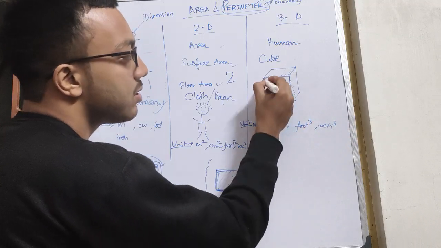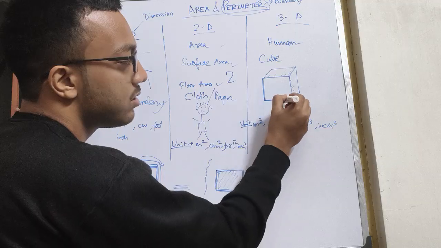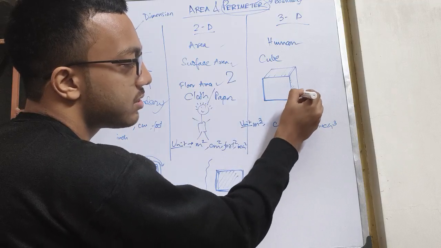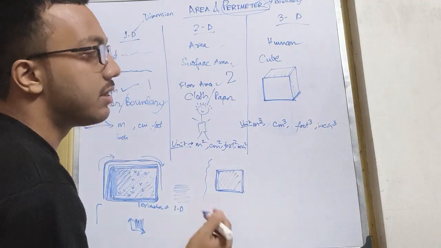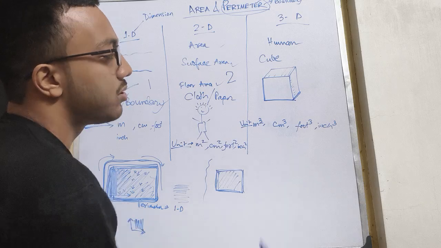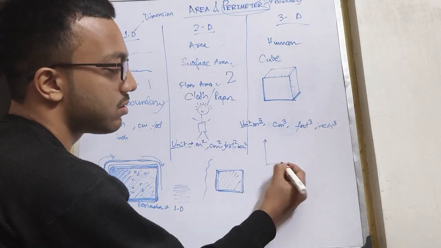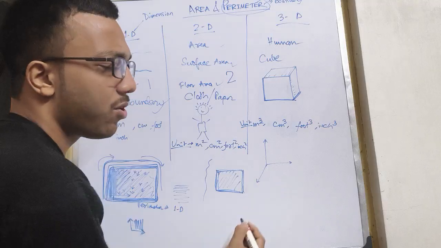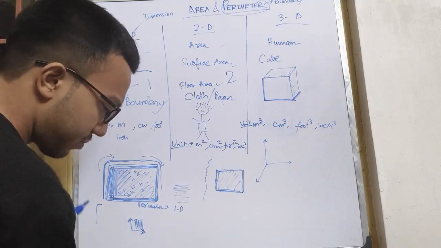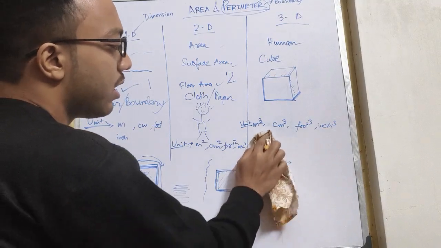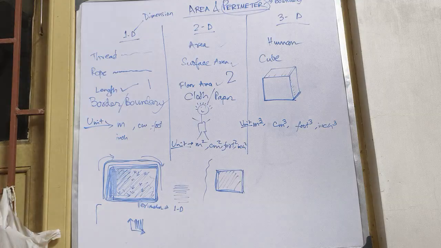Here this 3 means this is the first direction, this is the second direction, and this thickness is the third direction. That's how, in coordinate geometry also, you can learn x-axis, y-axis, z-axis. That will be in your senior classes. Okay, so this is understood.